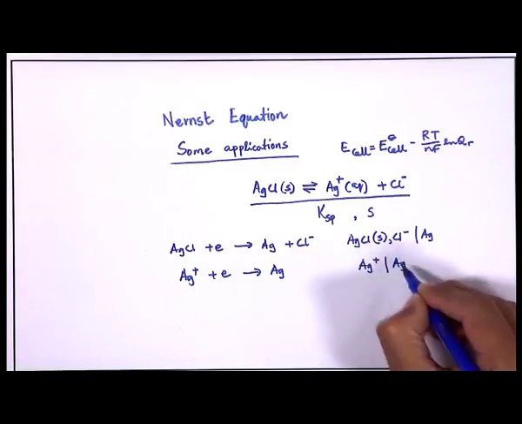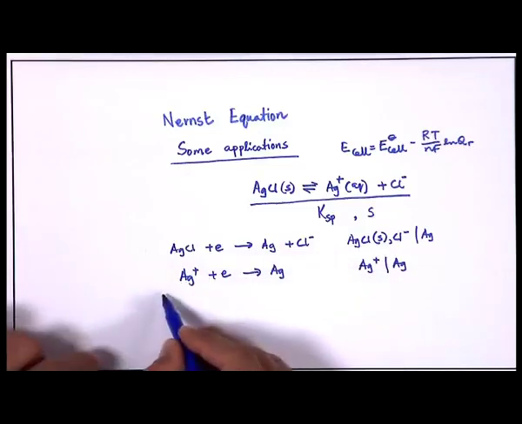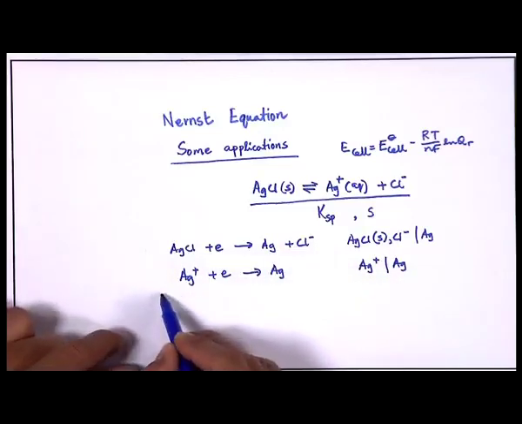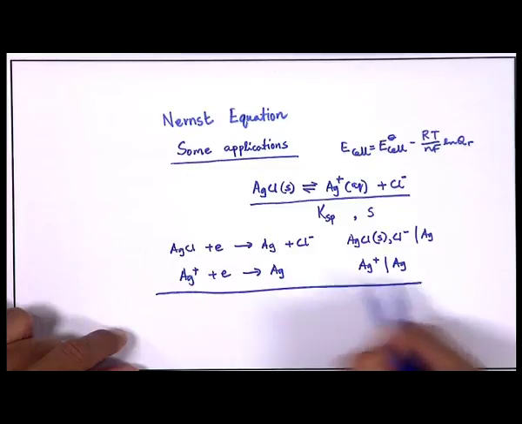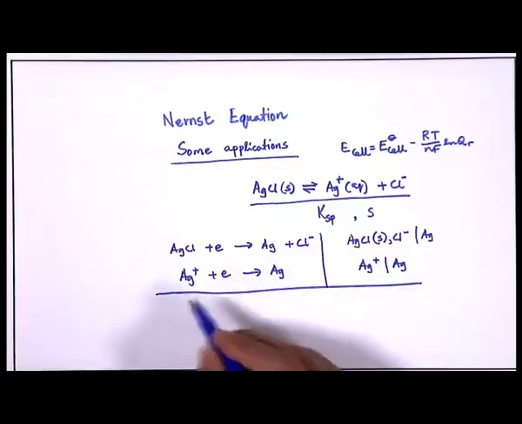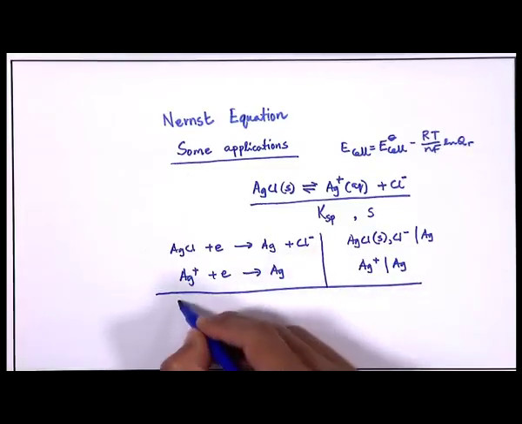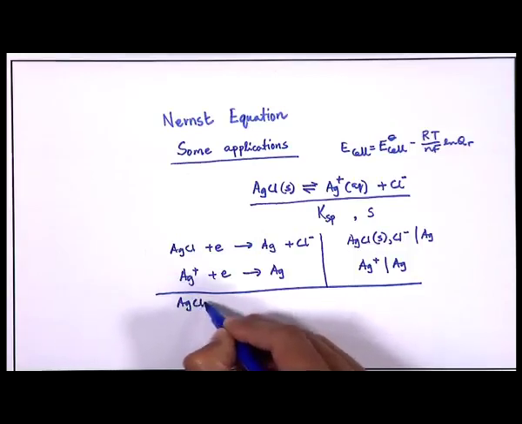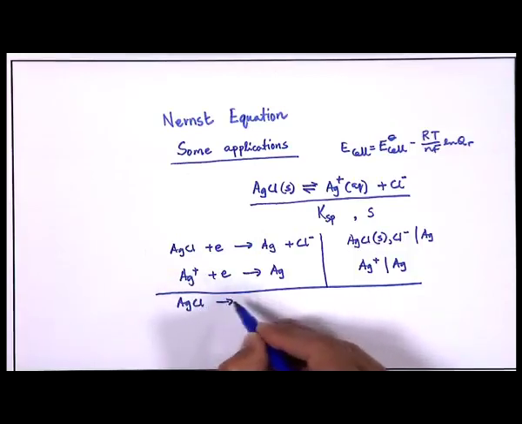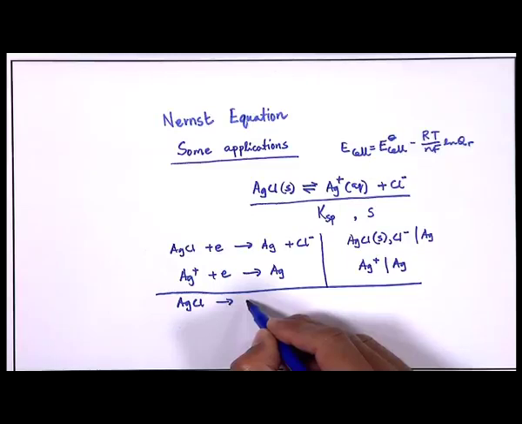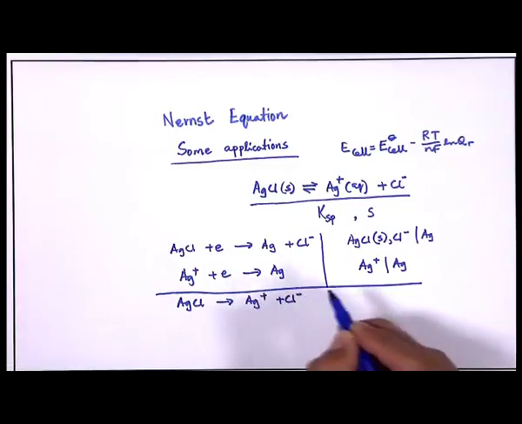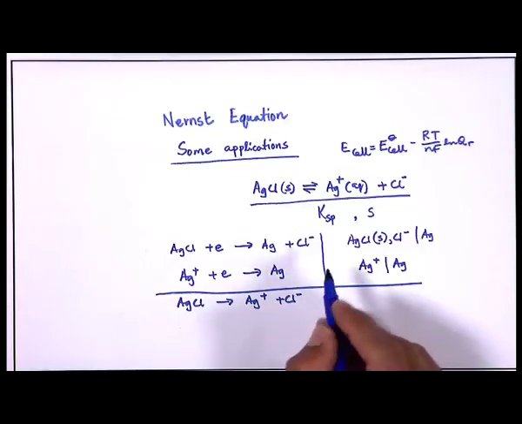Now if we subtract these two reactions, what are we going to get? We will get AgCl giving Ag plus and Cl minus. Okay.